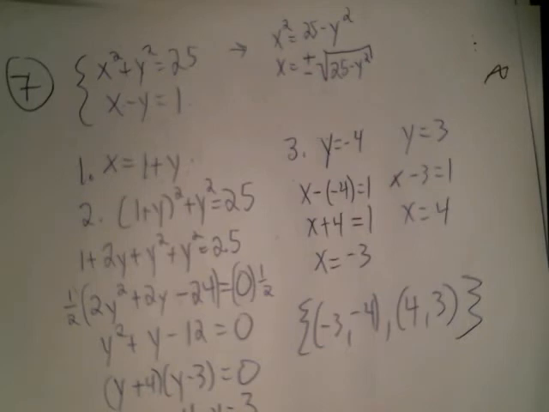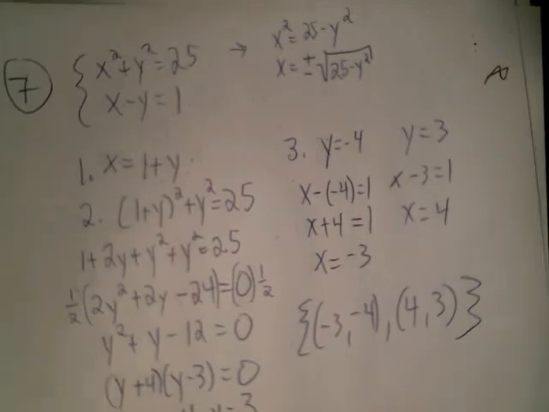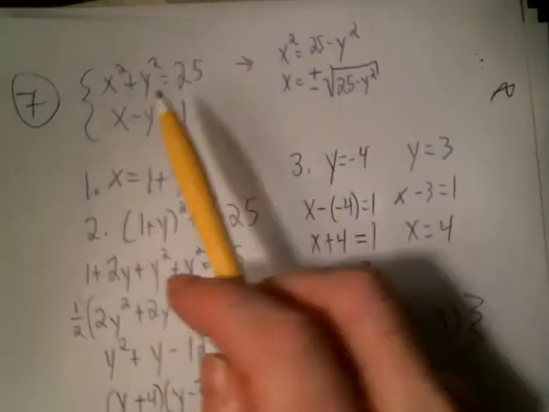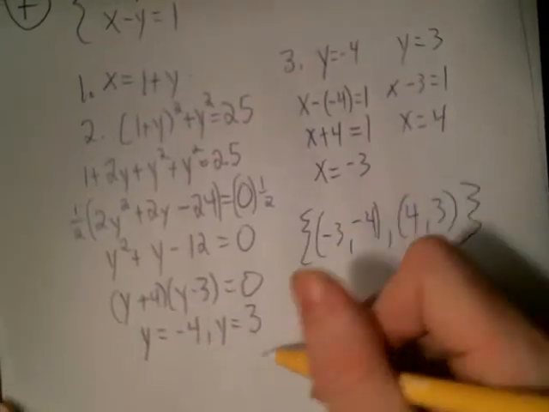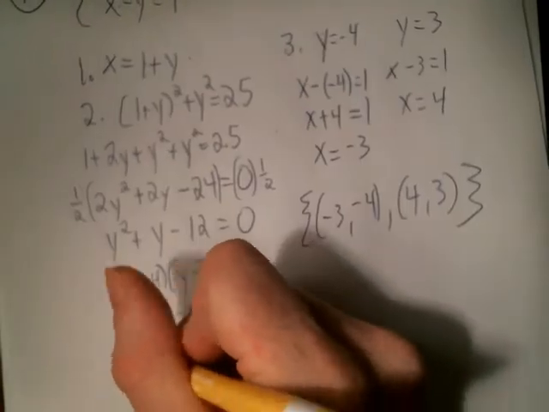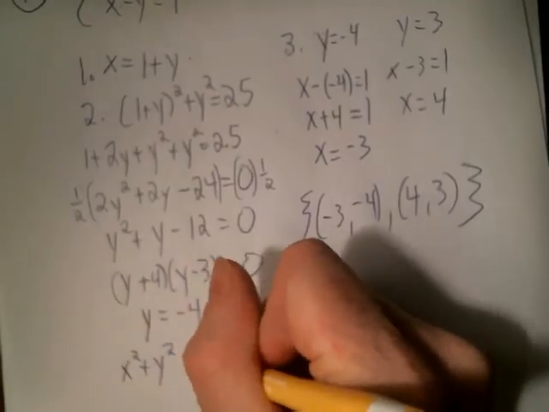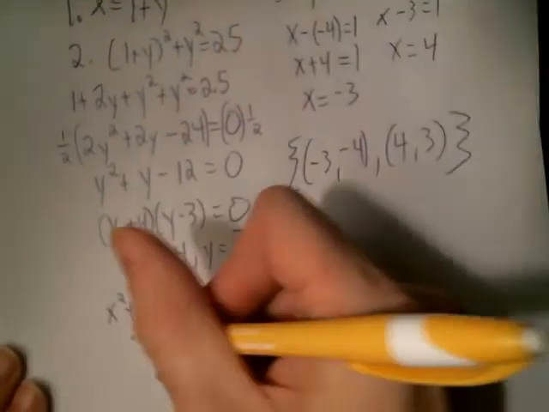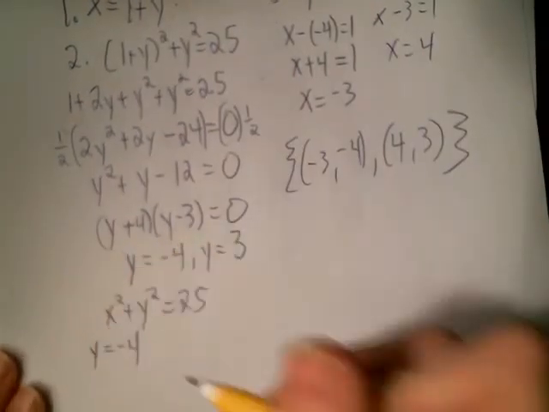Just for the sake of curiosity, let's see what would happen if we put these guys back into this equation here. So if I was using x squared plus y squared equals 25, and I'm plugging in y equals -4, what would happen?